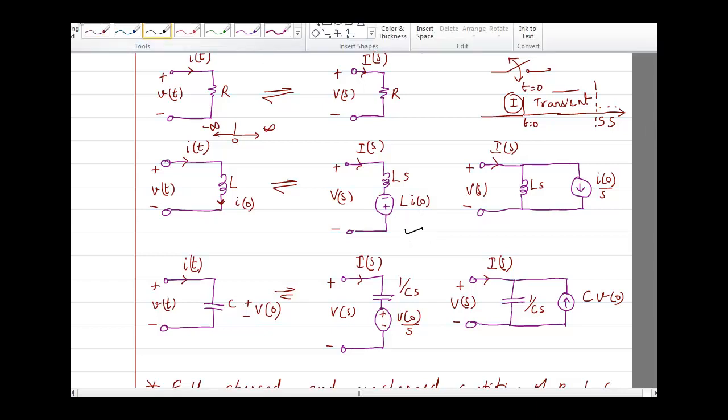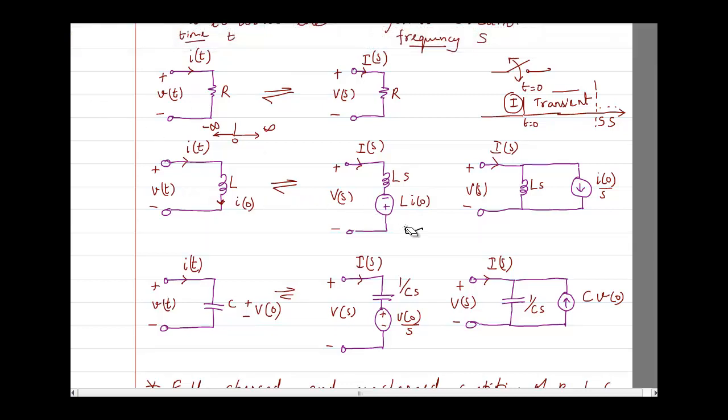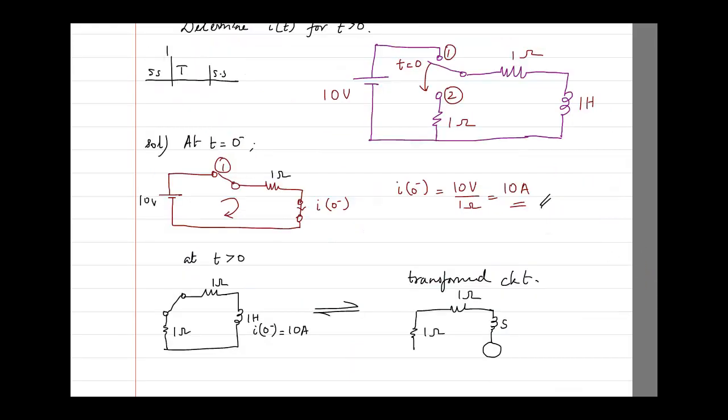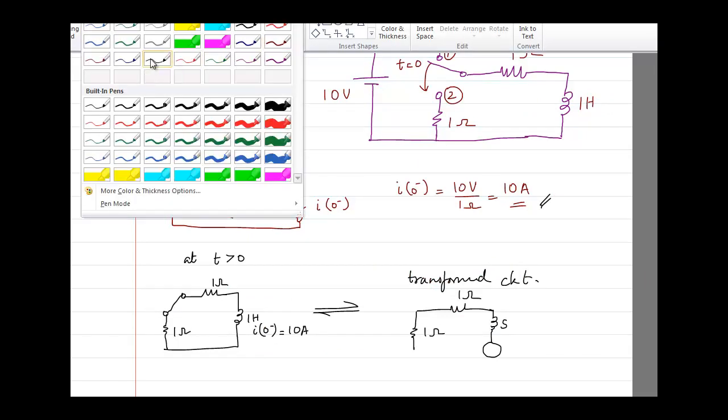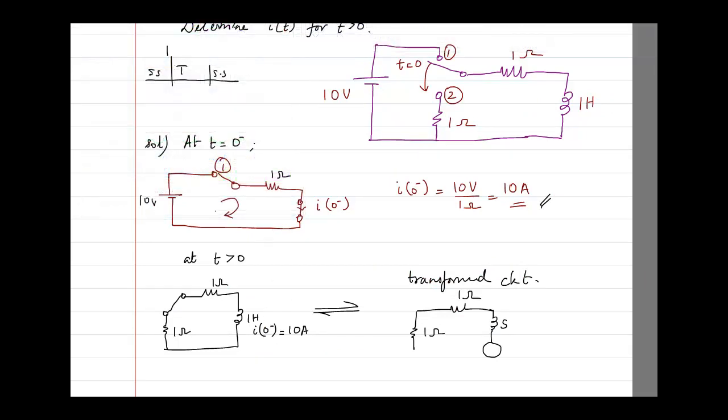The polarity is such that it will always be in the same direction in which the voltage was applied to the inductor. The voltage applied to the inductor was like this, so that's why the current was flowing like this. So it is going to be minus plus, L I naught.